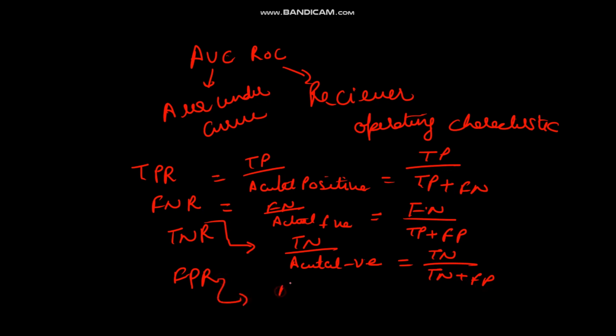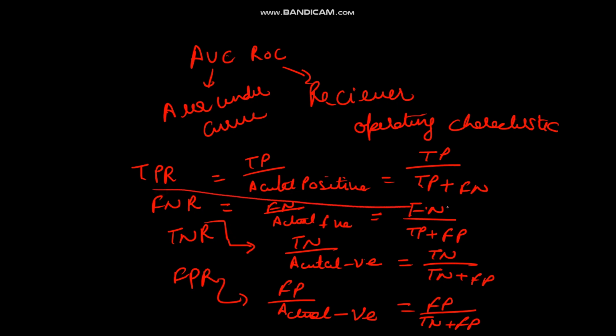And this FPR is equal to false positive divided by actual negative, which can further be calculated as FP, and in denominator we have TN plus FP. So these are the formulas, or you can say methods, to calculate these values, which are further useful for understanding this curve.